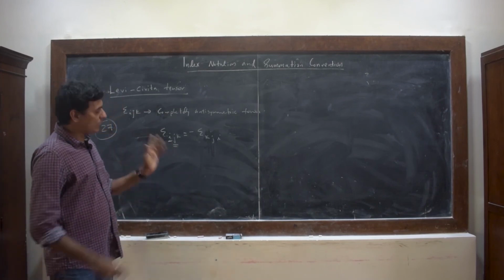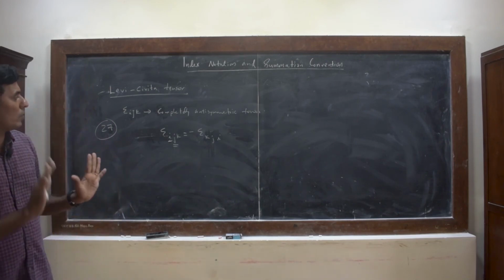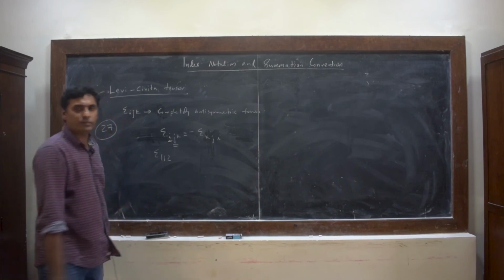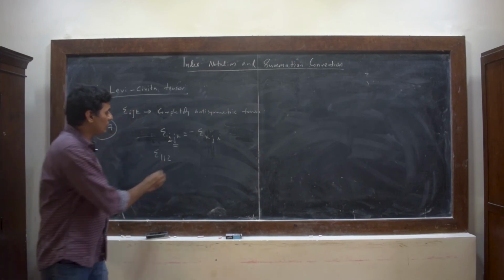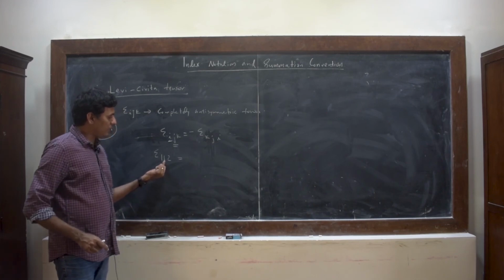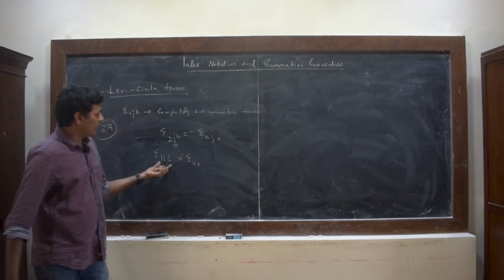So if you exchange any two indices, then there will be a negative sign, and that is the whole point. And if that is the case, suppose you take epsilon 1 1 2, if I exchange the first element and second element, then that will be equal to minus epsilon 1 1 2.